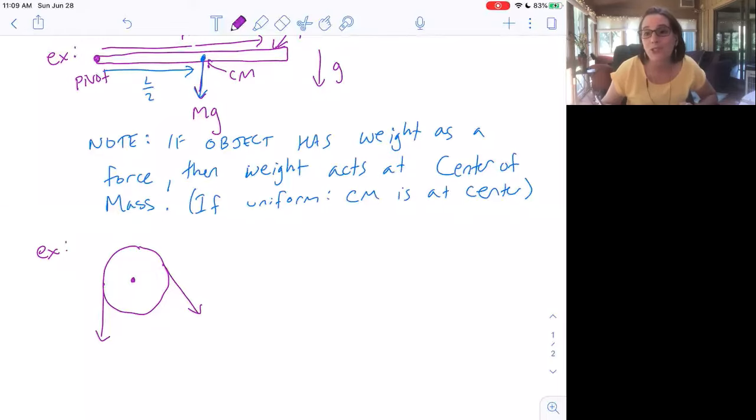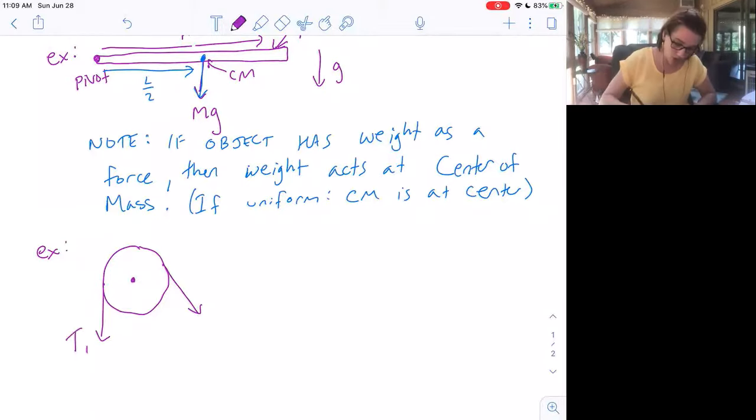Now, here's the thing, and this is very important. We used to say that the tension in a single continuous rope was the same on both sides of a pulley, right? In the linear world, that's what we did. And that's because we didn't care about the mass of the pulley, so we weren't worrying about the angular acceleration of the pulley.